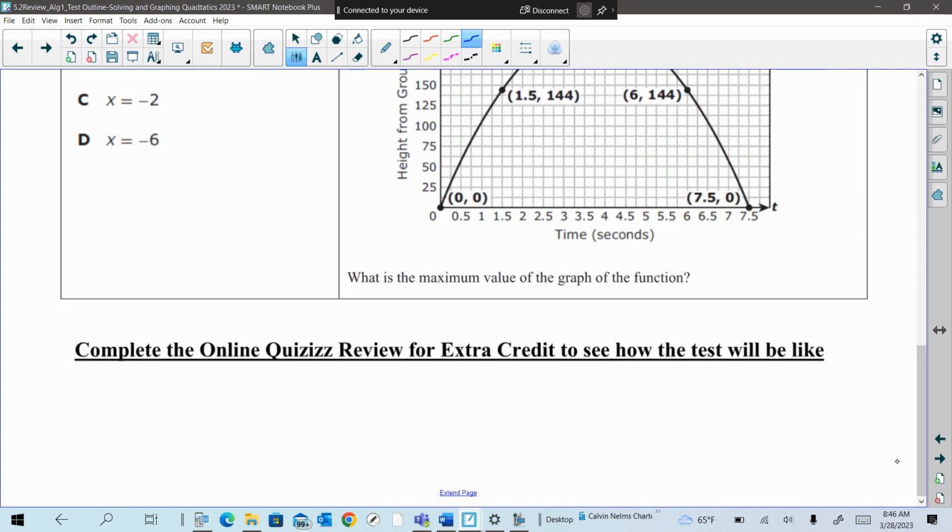The test-like questions are on the quizzes. The review is just a skill. We're practicing the skills, the content, the vocabulary, the key features. But if you want to see what the questions are going to look like, some multiple choice, some open-ended, then I suggest do the Quizizz review.